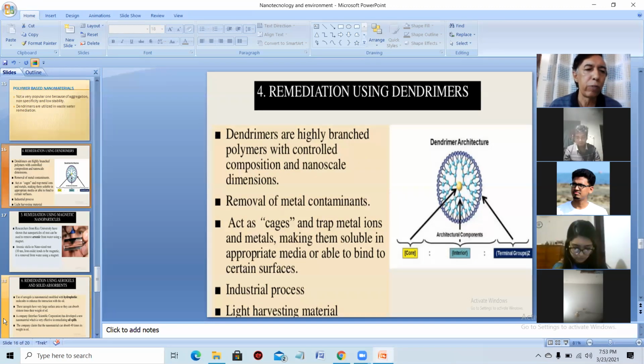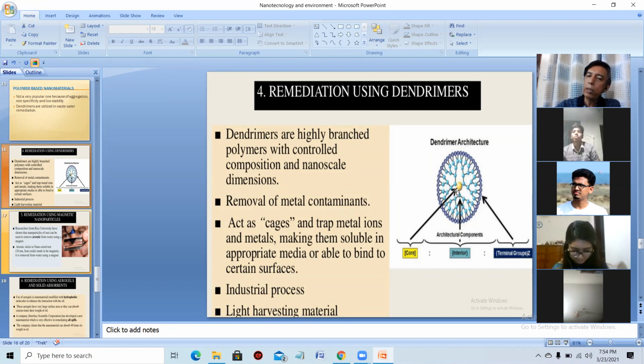So, polymer-based nanomaterials: only dendrimers. I have shown you what a dendrimer is and told you how it works. Only dendrimers can be used.